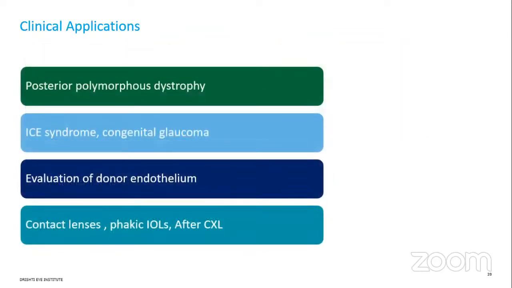Also other conditions like posterior polymorphous dystrophy, ICE syndrome, and congenital glaucomas, and for evaluation of donor corneal endothelium for grafts, and in corneal endothelial assessment after refractive surgeries, phakic IOL implantation, after collagen cross-linking, and in contact lens wearers.